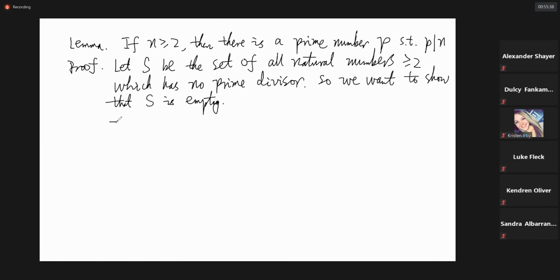So if S is not empty, okay, recall the basic property for natural numbers. Any non-empty subset of the natural numbers has a minimum. Then S has a minimum, M.